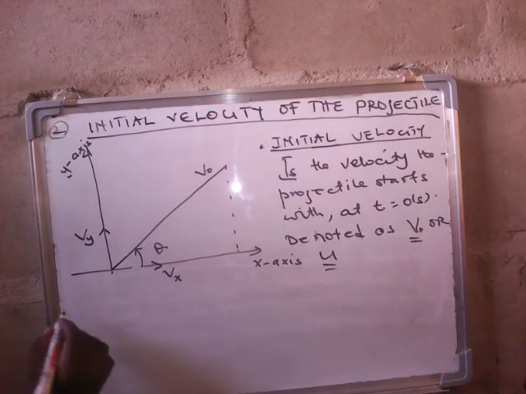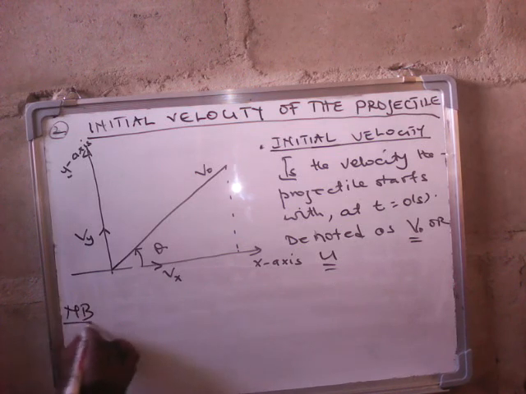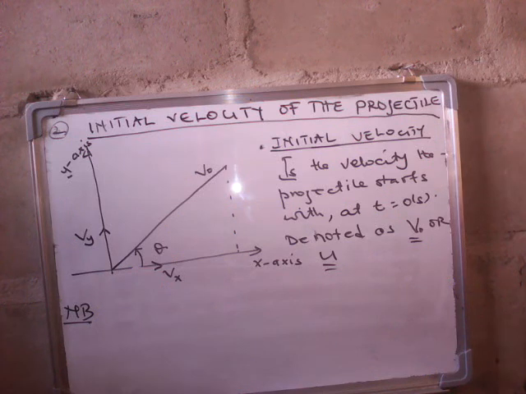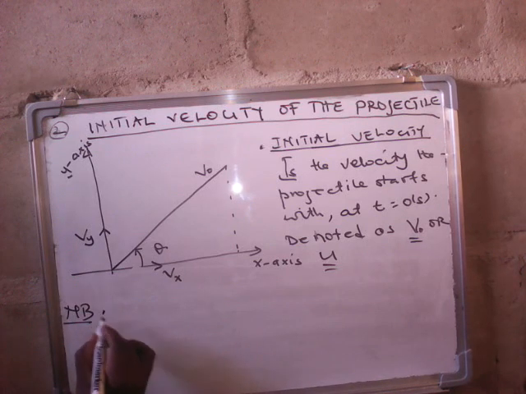But NB, initial velocity has two components. It has the vertical component and the horizontal component.